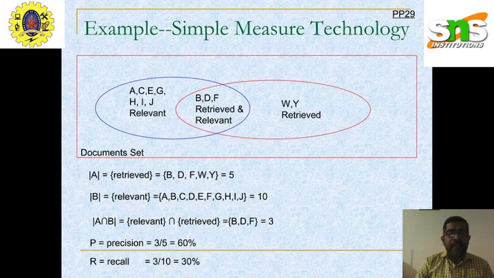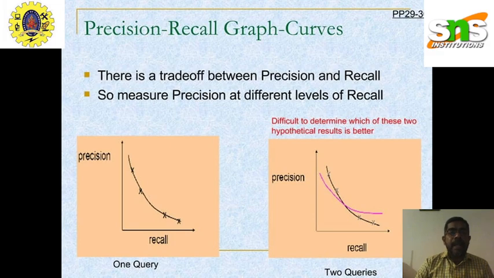If we apply recall, we have 3 divided by 10, since 10 is mod of B. So 3 divided by 10 gives 30%. So if you go with recall, the accuracy is automatically reduced. So this is an example of how the simple measure is computed in similarity measurement.